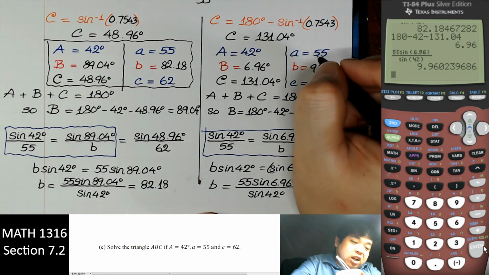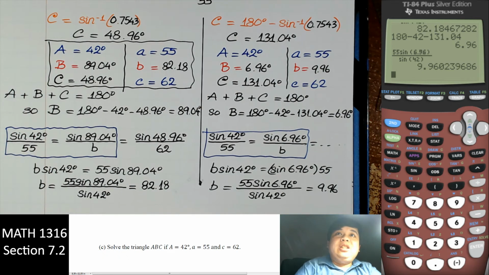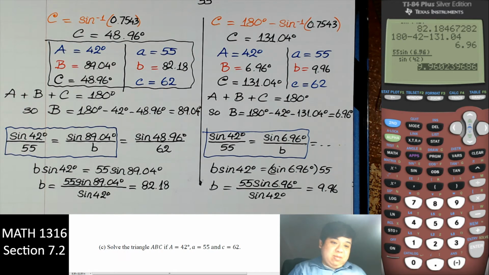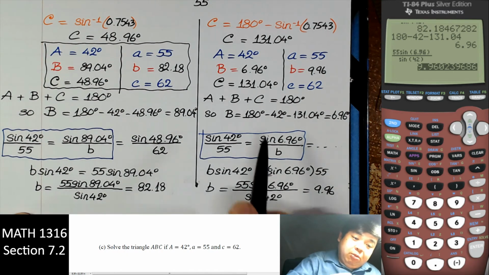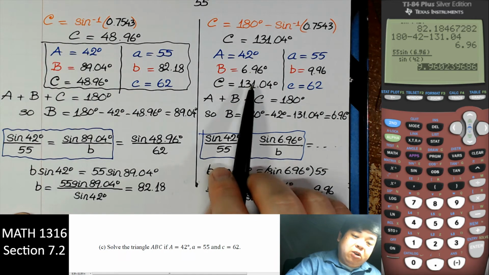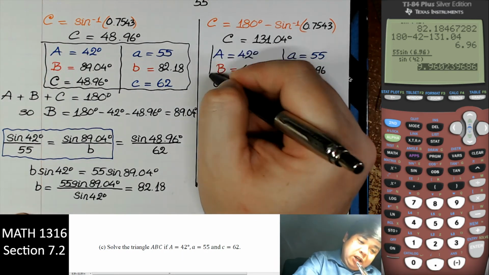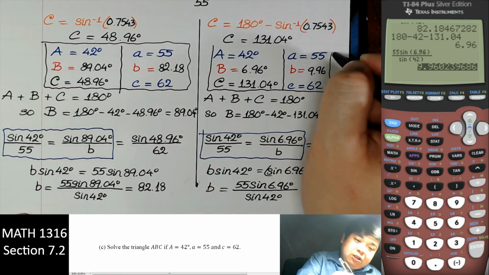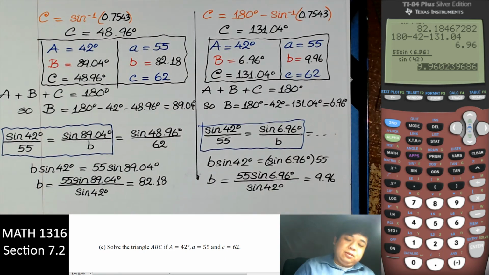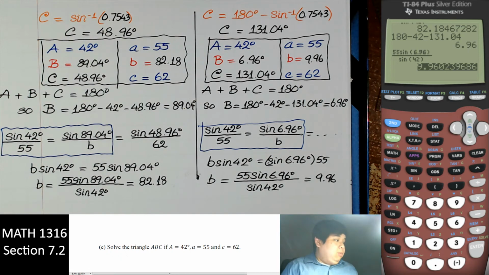Right. One thing I forgot, when we do this calculation, we should go up and use the whole numbers rather than the rounding error, but that's fine. So let's check. Biggest angle, longest side, smallest angle, shortest side. Let's check. So in this case we have two solutions. Right.